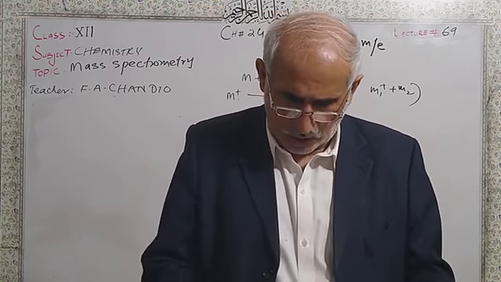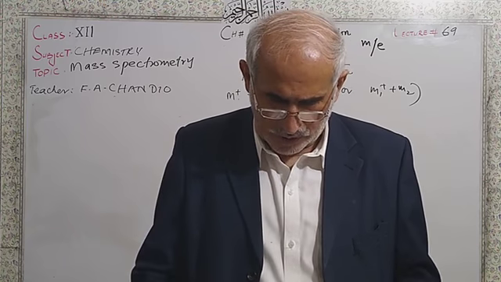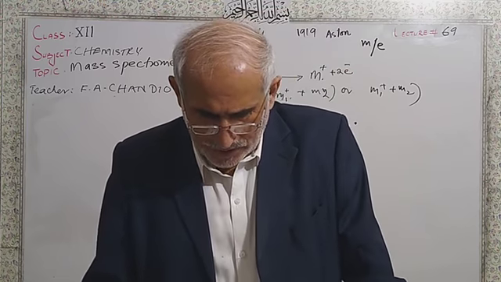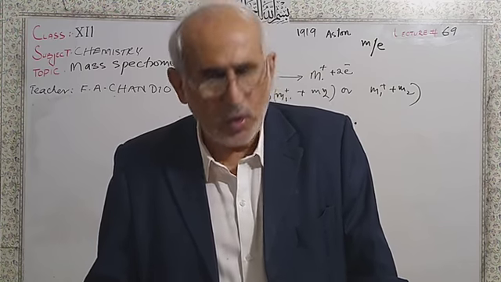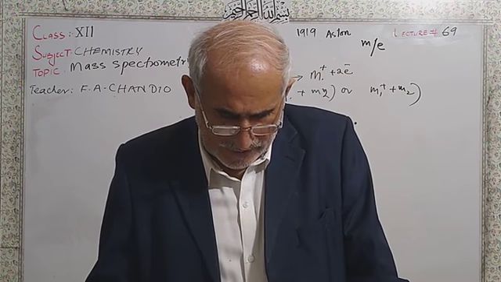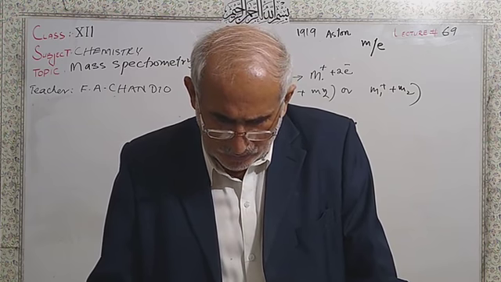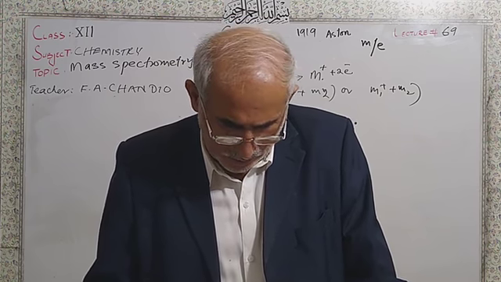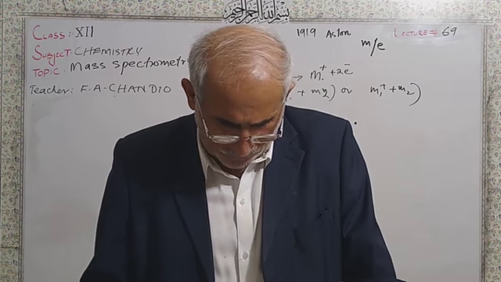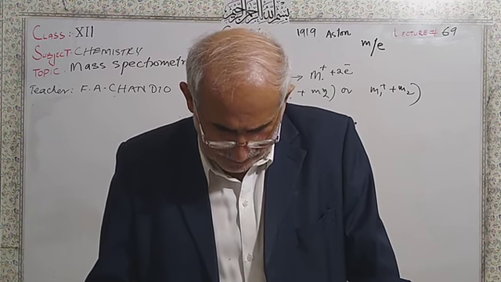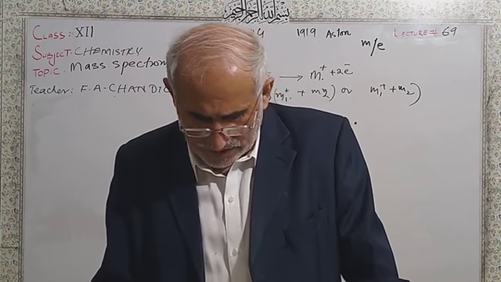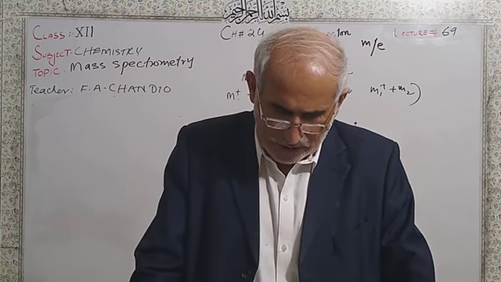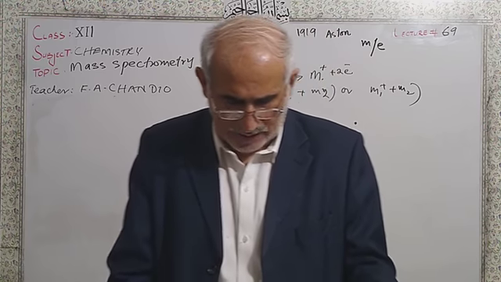If you see the objective questions, question number 1: which of the following does not involve electromagnetic radiation? Mass spectrometry, no radiation. Which region of the electromagnetic spectrum is involved in electronic excitation? Both of these, ultraviolet and visible. Which of the following techniques is different from the others as regards the basic principle?